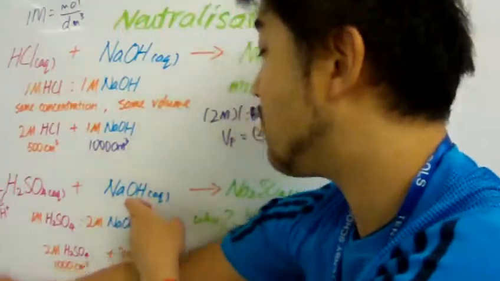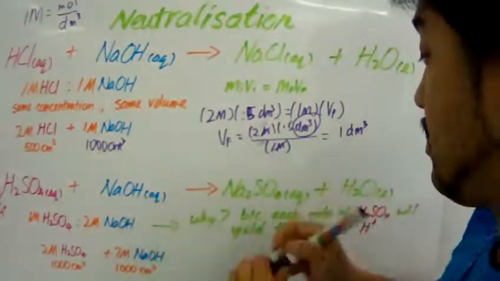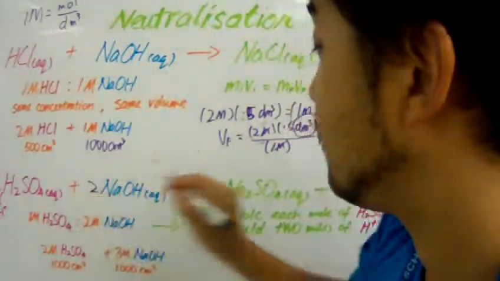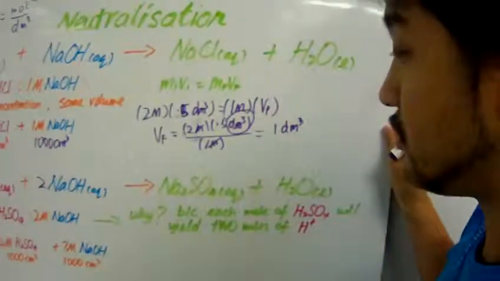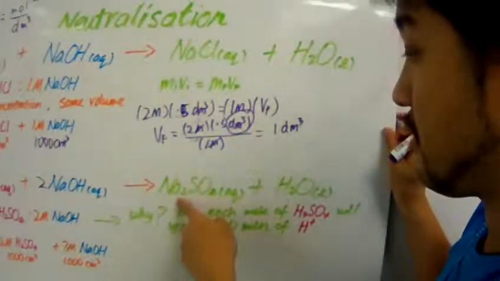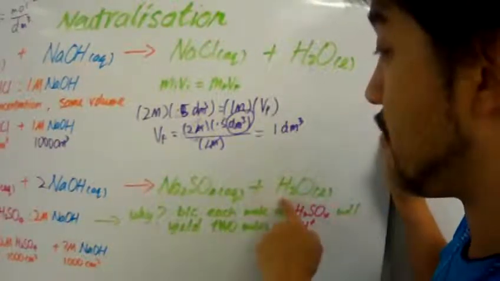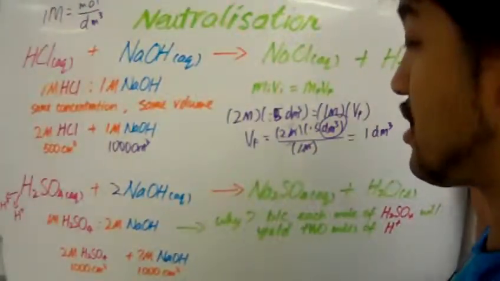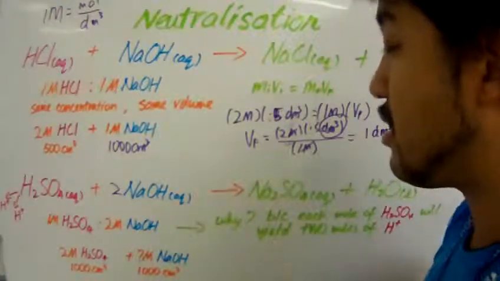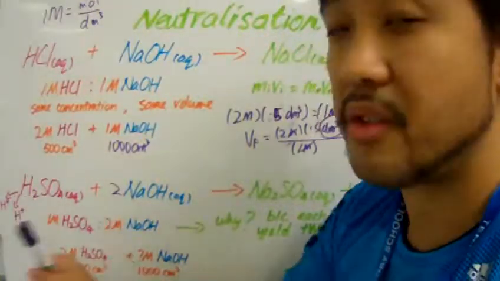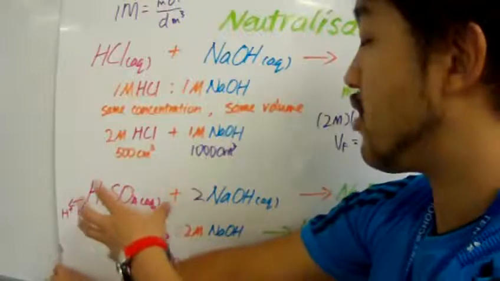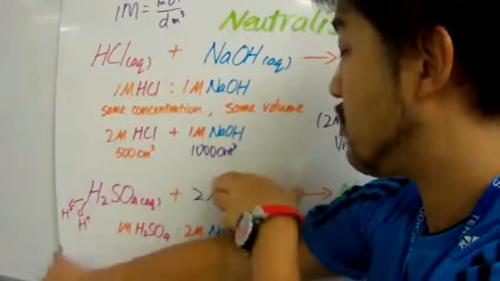Reacting with sodium hydroxide, this should be a 2, all right? And I'll get sodium sulfate and water. What you notice is that in this balanced equation, you do not have a 1-to-1 molar ratio, but 1 mole of this reacting with 2 moles of this.